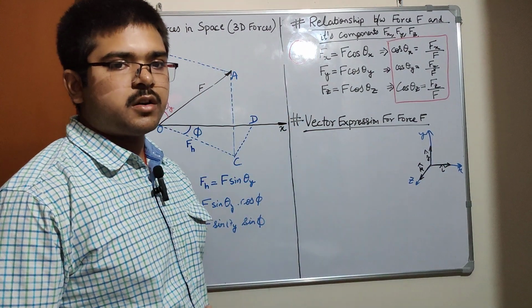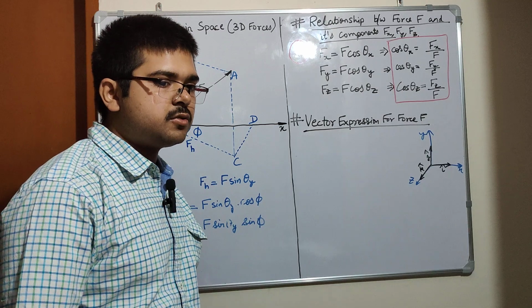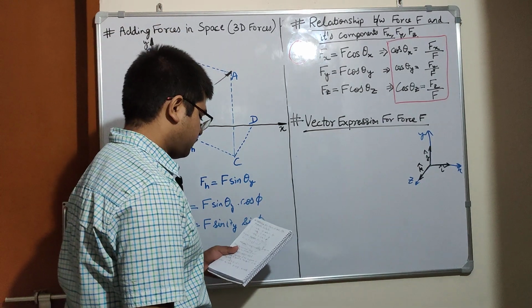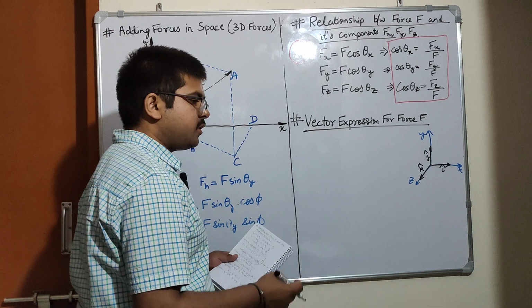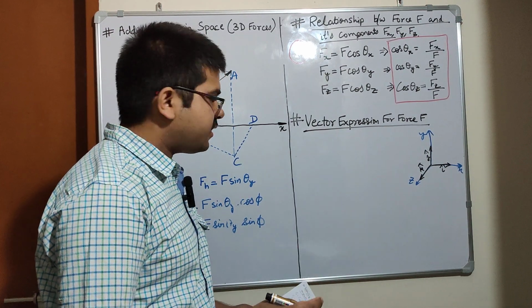So what is a vector? A vector is the product of a scalar and its direction.